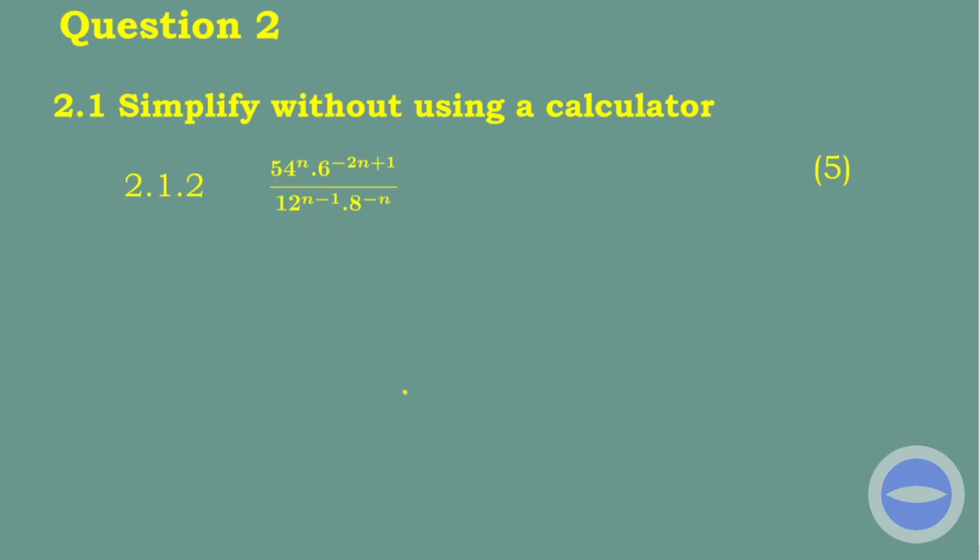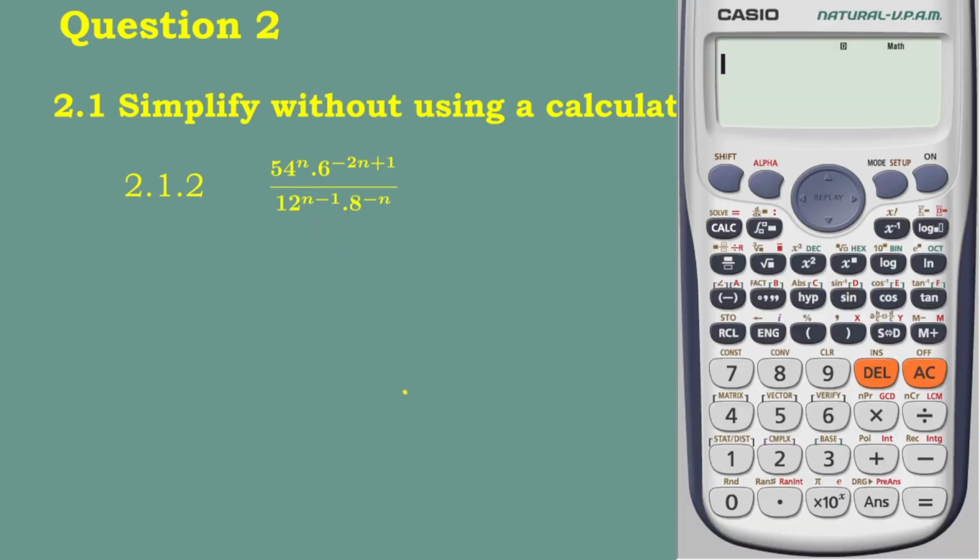If you want to know the prime factors of 54 on your Casio calculator, you type 54 and press equals. After that, you press shift and then this button. If you can see, it says fact, which is a shortcut for factors. Press this one, and the prime factors of 54 are 2 multiplied by 3 exponent 3.